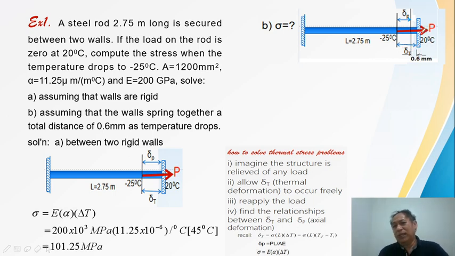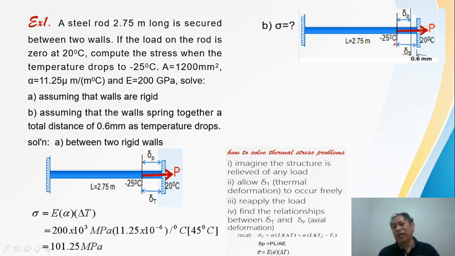Now, when it is yielding by 0.6, there is an effort to bring the end to the location of the support. That amount of force is intended to bring the tip of the body to this location, and this is the deformation due to the force being exerted, diba? So this is now the axial deformation.